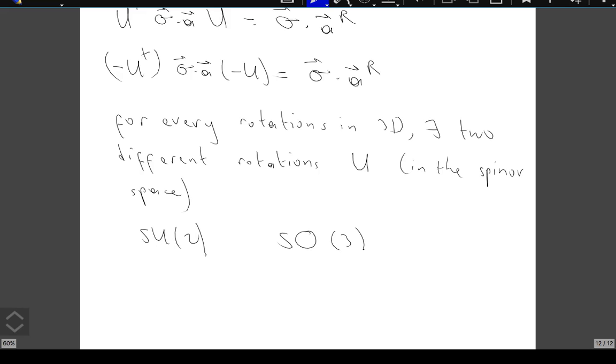For every rotation in three-dimensional space, there are two elements, two rotations, in the spinor states, and hence we say that SU(2) is a double cover. This basically means that for every rotation in three-dimensional space, there are two rotations in the spinor space.